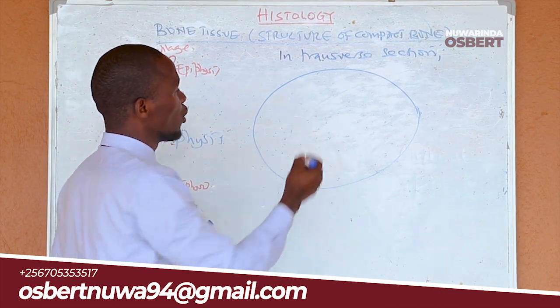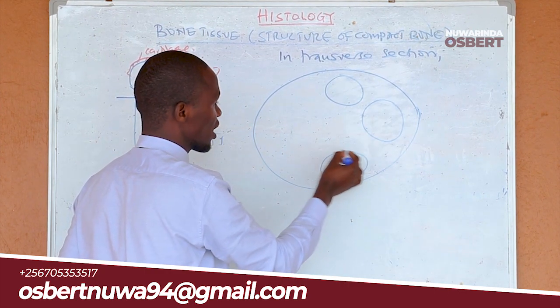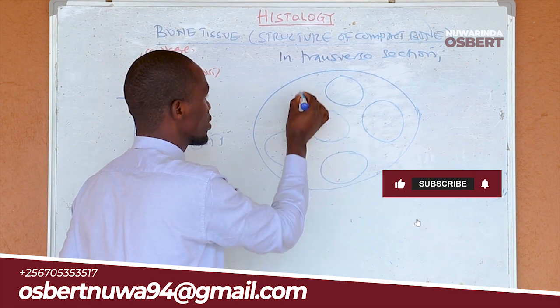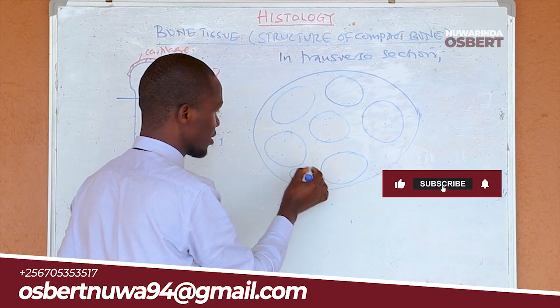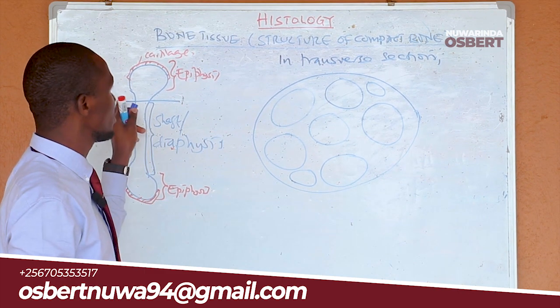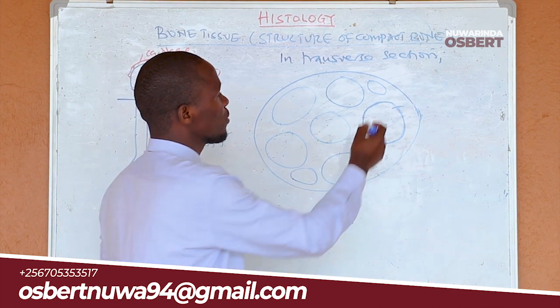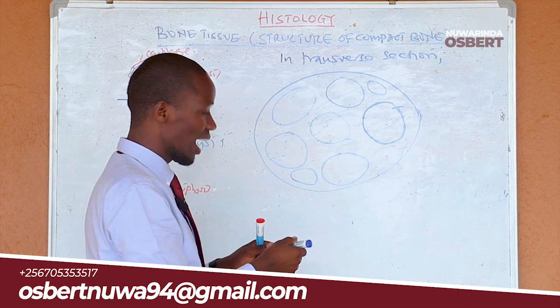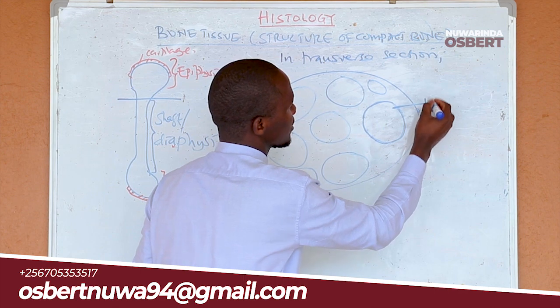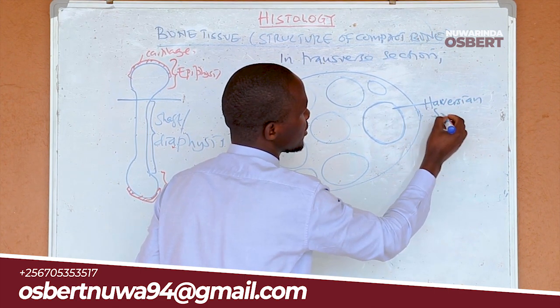Then inside here, you find very many enclosures, very many structures which are like circles, which are circular. So that is the appearance when you cut this bone transversely. Each of these circular-like structures, we refer to them as a Haversian system.